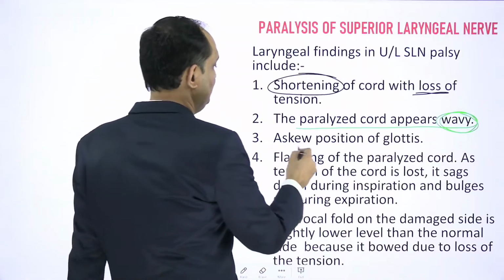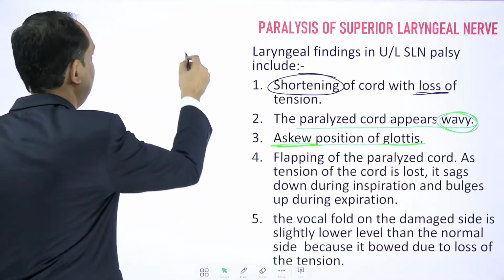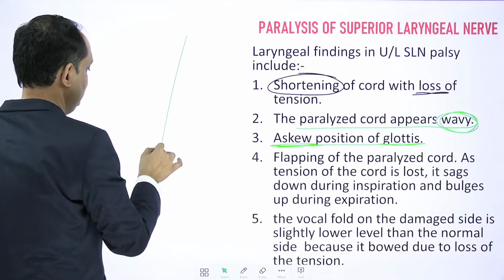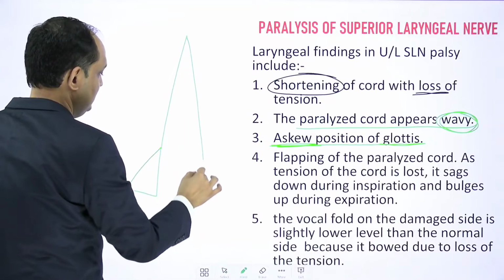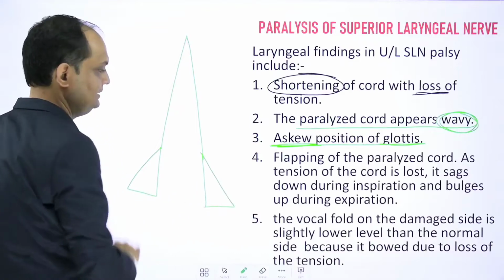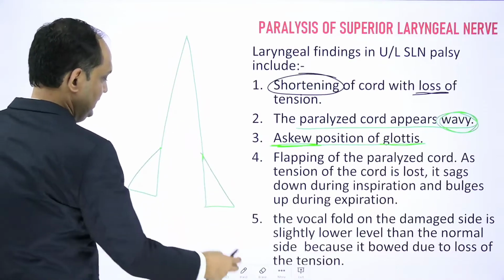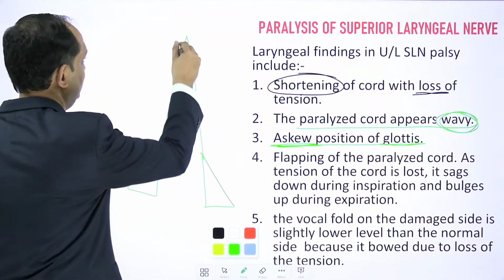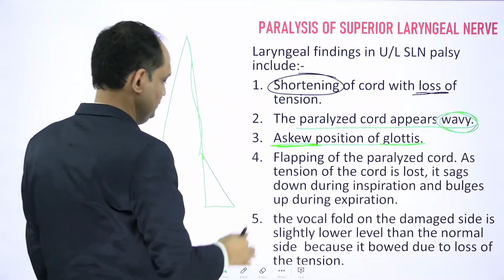Third, the SQ position. SQ means the glottis is not straight. Now when you see the glottis, you have two parts of the glottis. The anterior part is known as the membranous part, and the posterior part is known as the cartilaginous part. This area which should be straight is not straight, but is showing some kind of waviness. That is the SQ position.